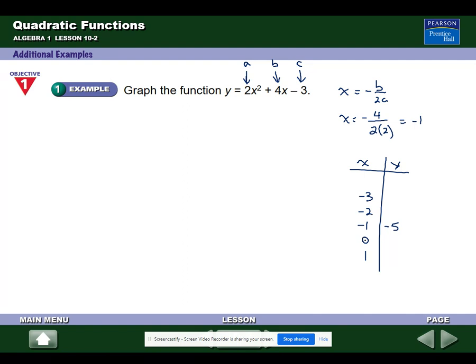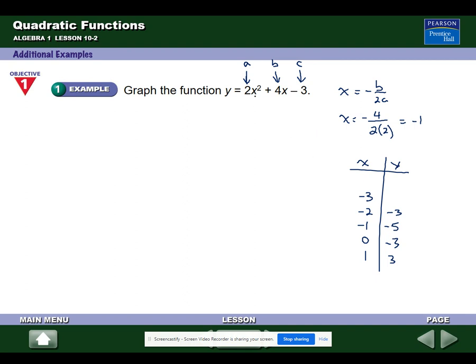All right, I'm going to do the math real quick here. Plug in a 0. That's going to be 0 here, and then -3 would be -3. Plug in a 1. 1 squared is 1, times 2 is 2, plus 4 times 1 would be 6, -3 would be 3. And just to confirm, if I do -2, I should get the same thing as when I plugged in 0. -2 squared would be 4, times 2 is 8, plus 4 times -2 would be -8, which is 0, -3 is -3.